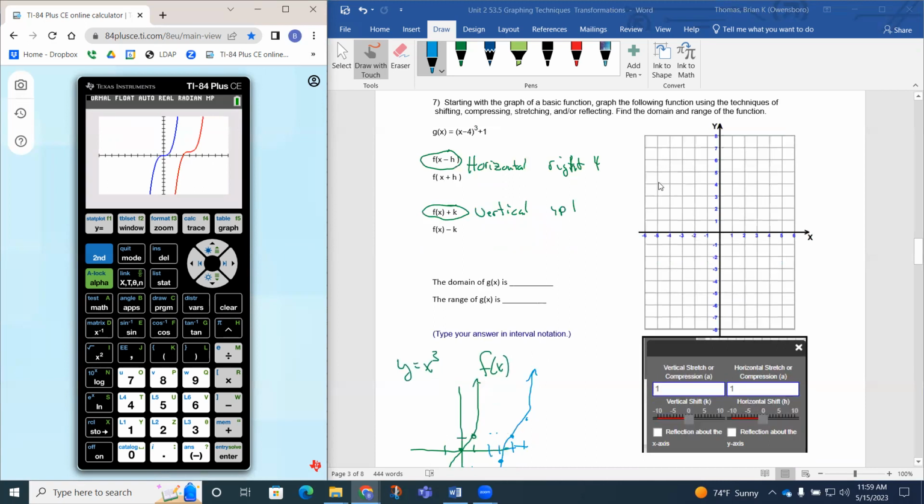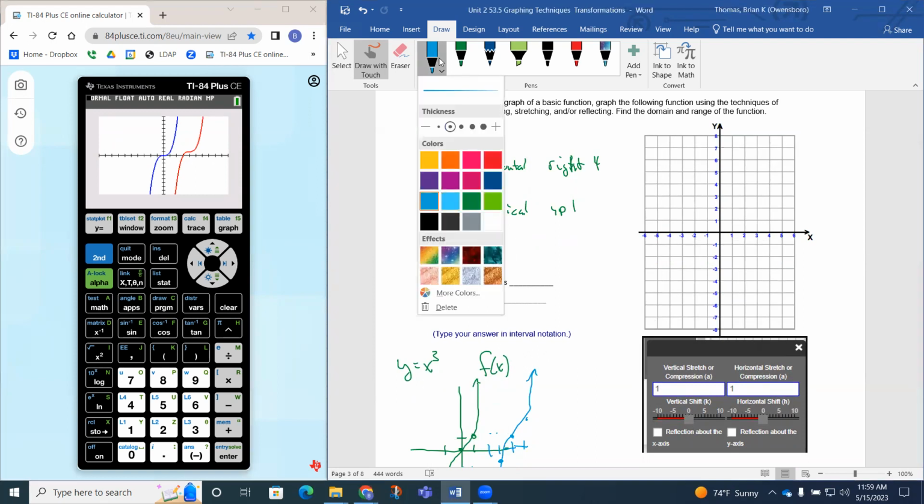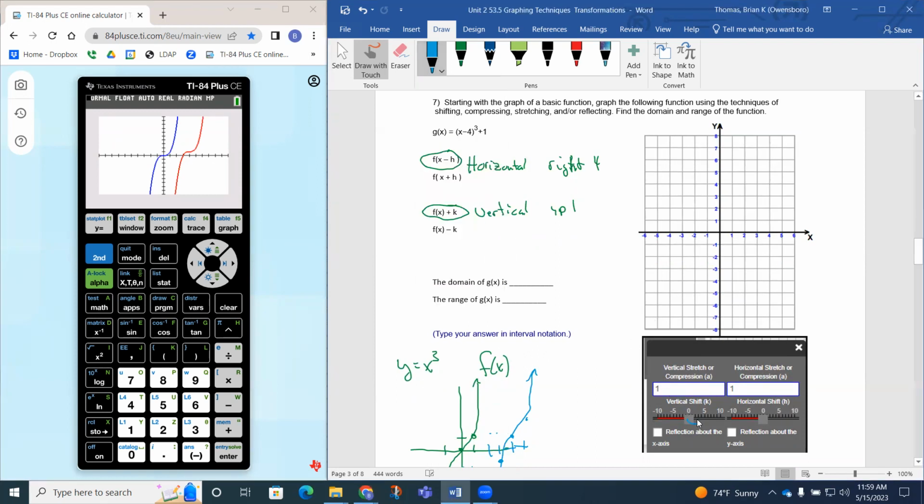So if we're applying the transformations, the compressions don't change, the ones and ones don't change, but the vertical shift, we would be moving that to 1. So we will make this go to 1. And then the horizontal shift, we would also make that go over to 4. So we would slide this bar over. And there aren't any reflections about the x-axis or y-axis.